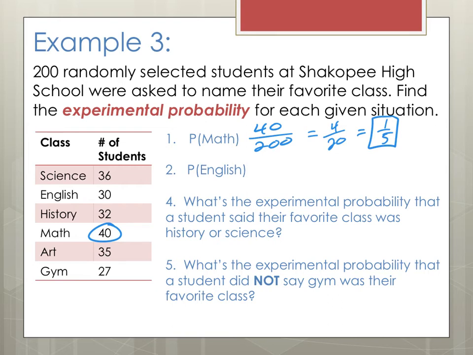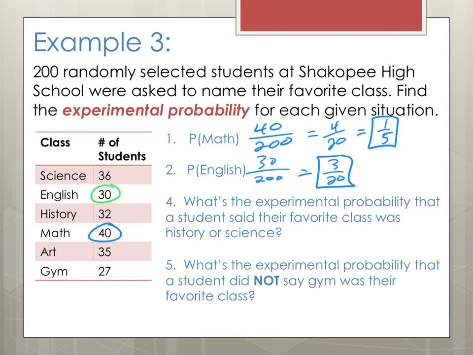The probability of English, that's 30 out of the total of 200. And if I reduce that, that's 3 out of 20. So here we just get a 3 out of 20 chance of that happening. In the next one it says, what's the experimental probability that a student said their favorite class was history or science?